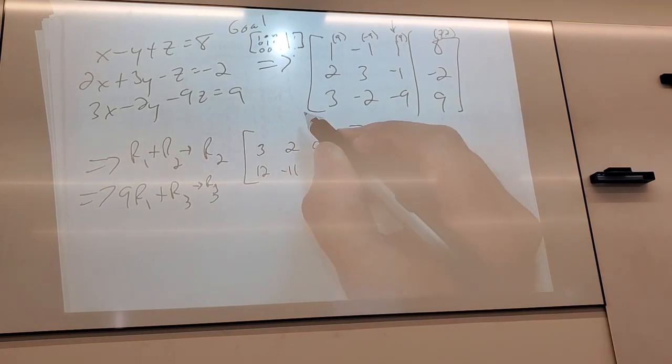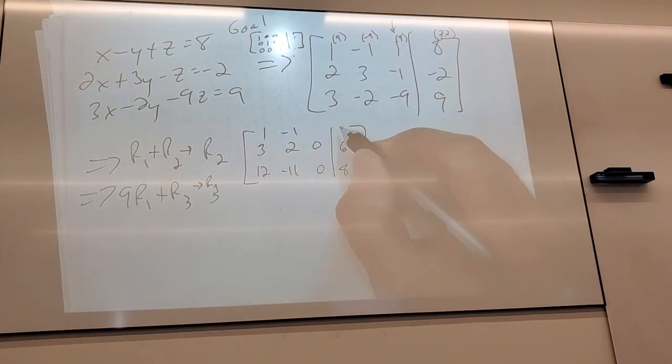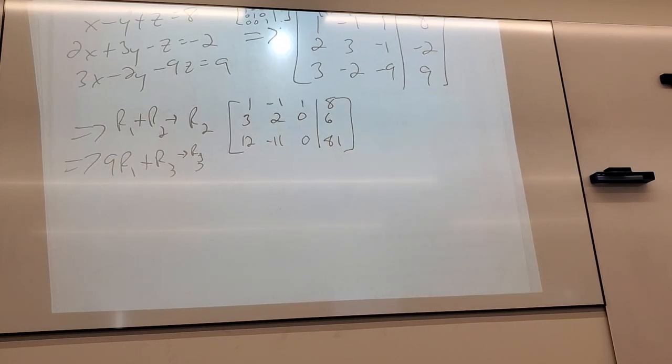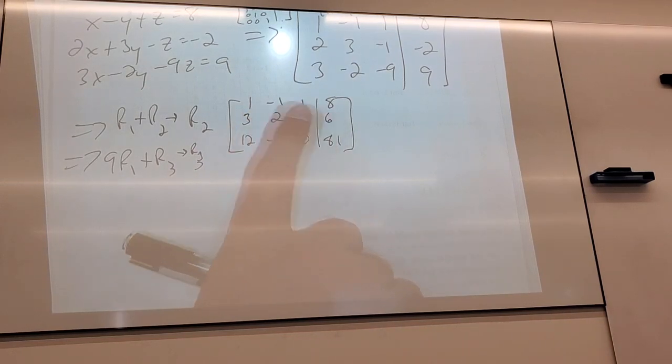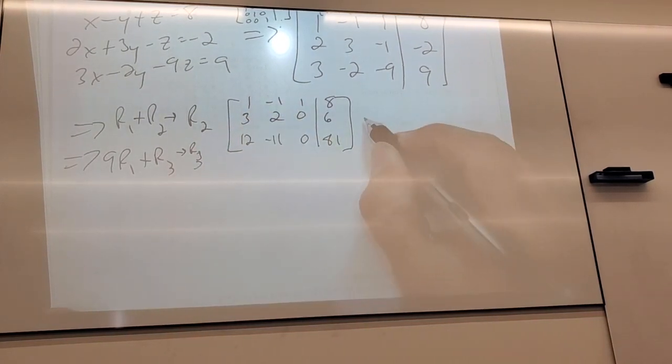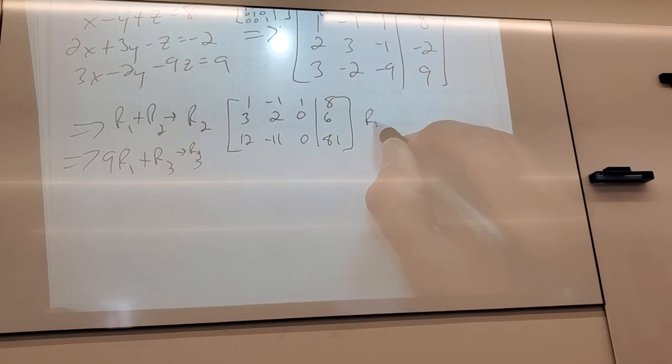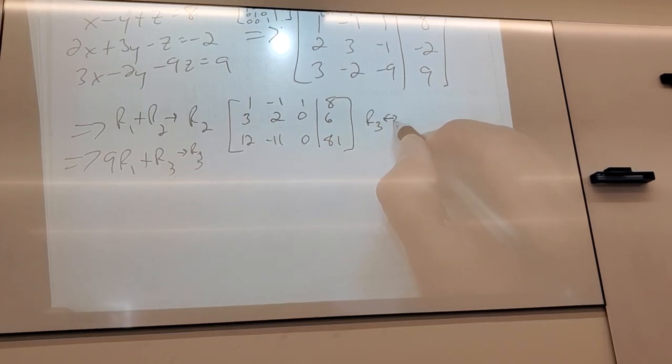And the top row is still 1, -1, 1, 8. Okay. Now, just to make this look more the way I know it should be, I'm going to switch the row here. I'm going to put this at the end. I'm going to switch row 3 and row 1.